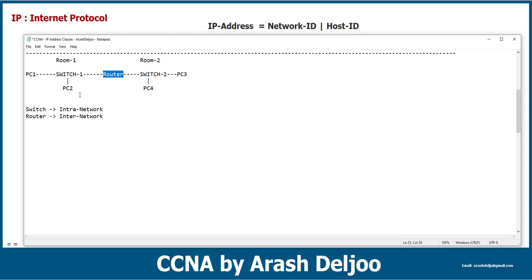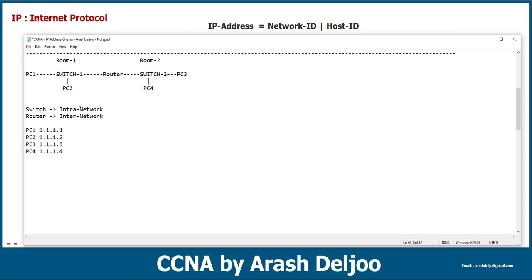Assume that we are using only one address without any structure for the PCs. For PC1, I am using the address 1111, for PC2, 1112, for PC3, 1113, and for PC4, 1114.